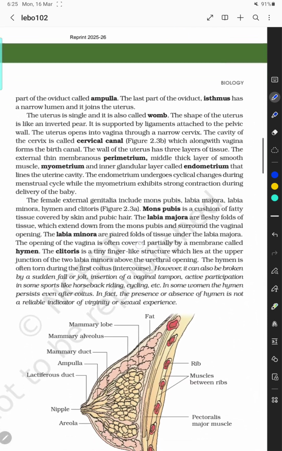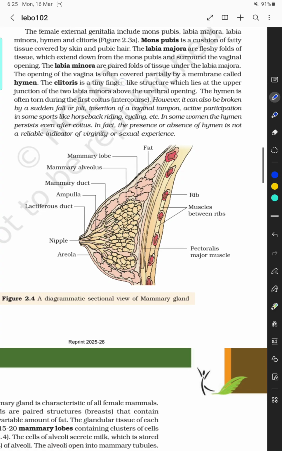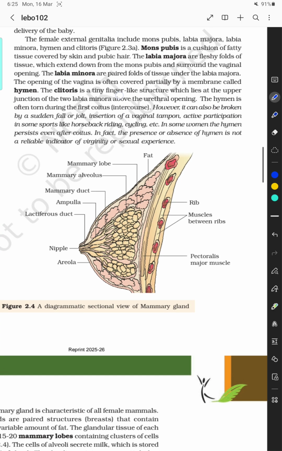Now come to the external genitalia. External genitalia means the part of the female reproductive system that is present outside the abdominal cavity. The external genitalia consists of a spongy cushion-like portion called the mons pubis, which contains the pubic hairs.